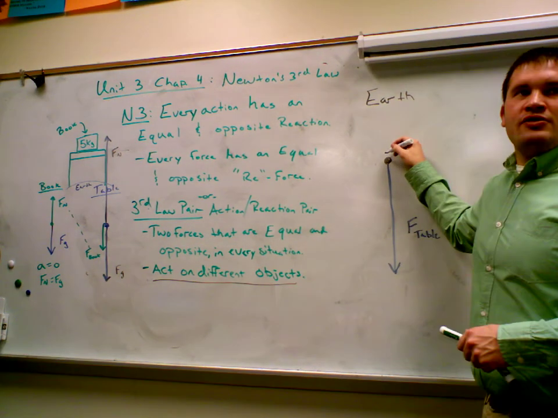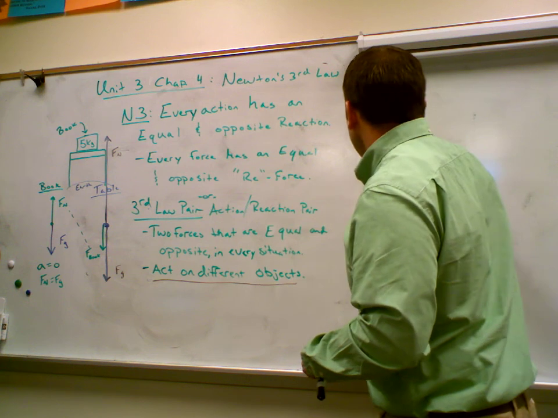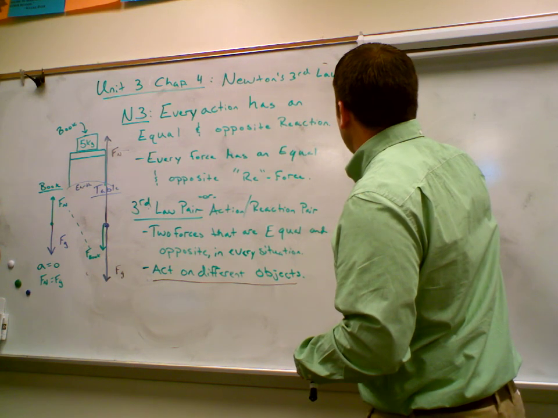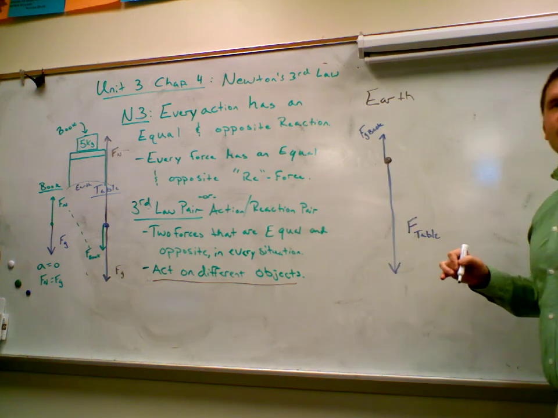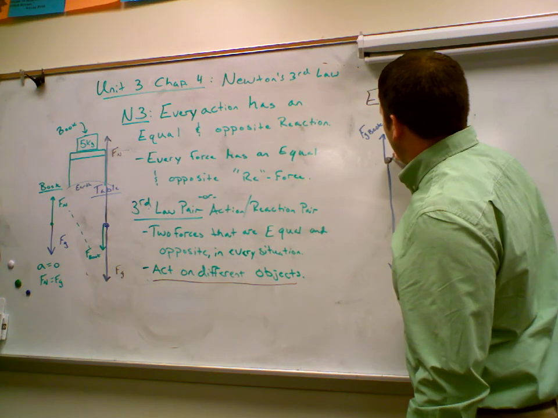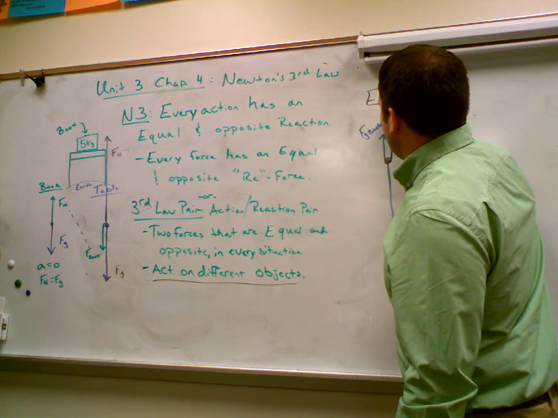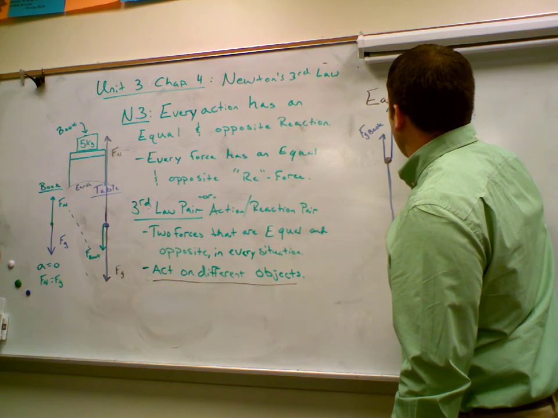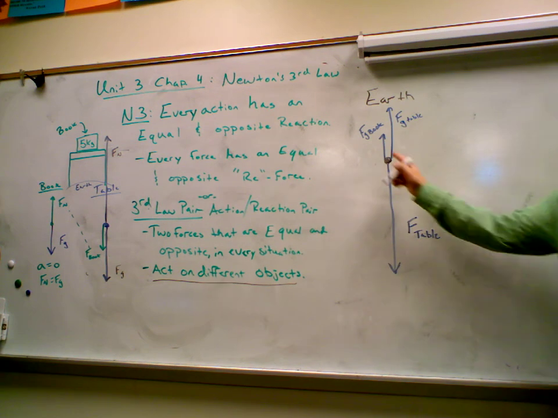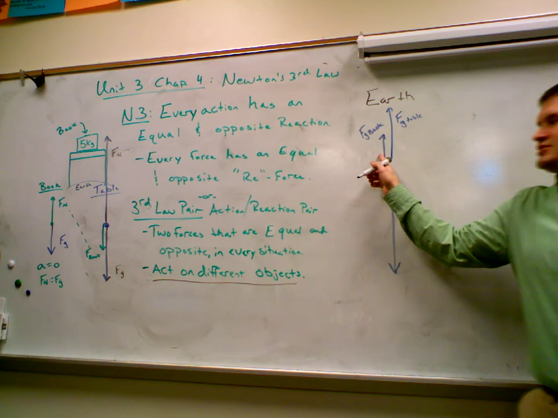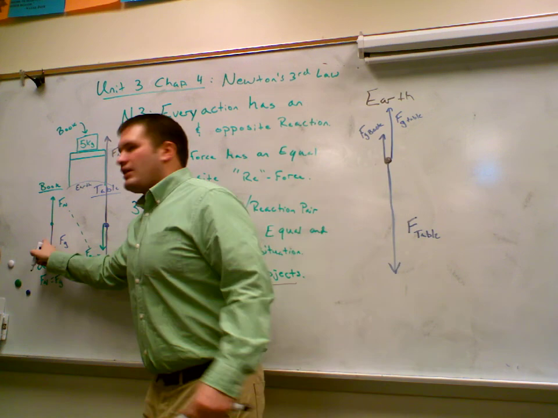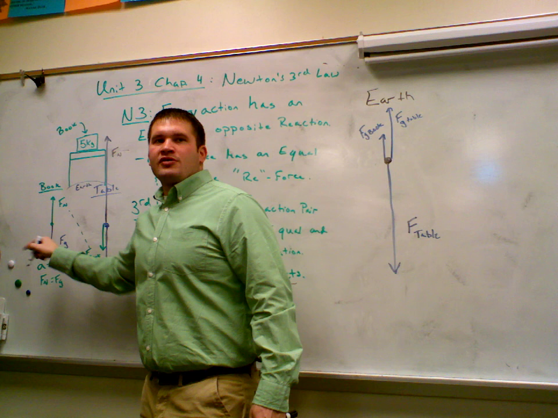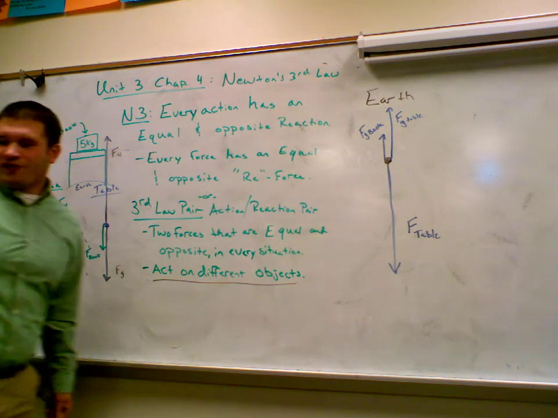Which way? Up. So this is the force of gravity from the book. And the table applies a force of gravity upwards. So that this force should be equal and opposite to that one. And those are a third law pair.